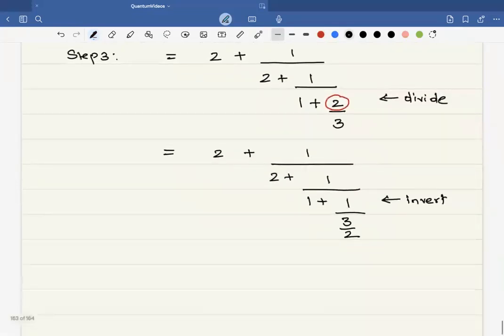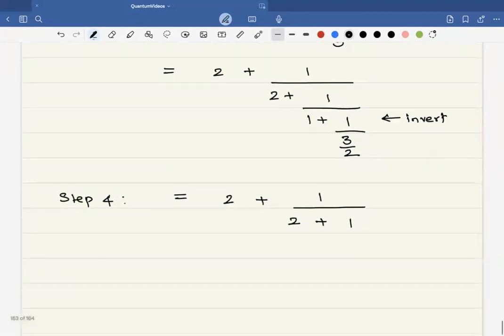And then one more, step 4. We have 2 plus 1 over 2 plus 1 divided by 1 plus 1 over 1 plus 1 over 2.